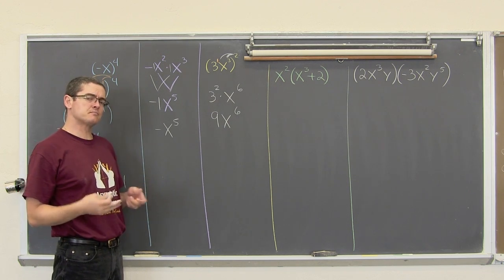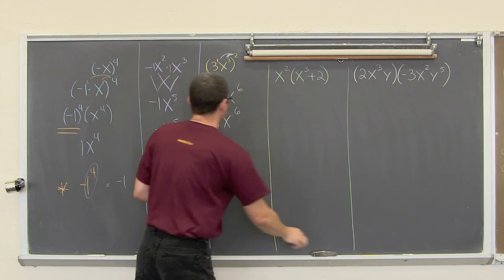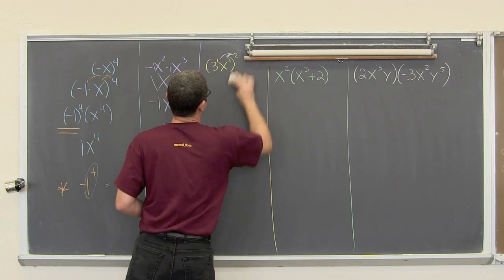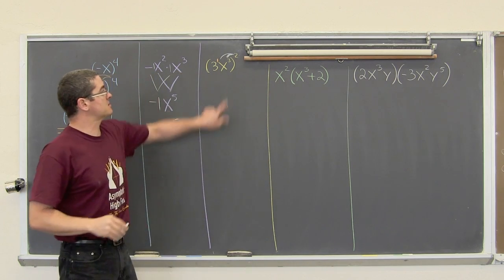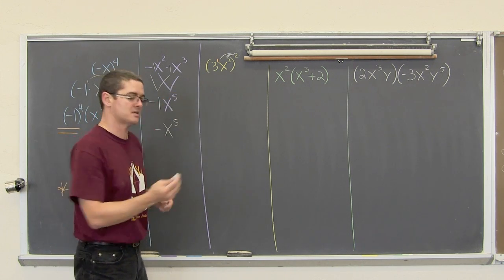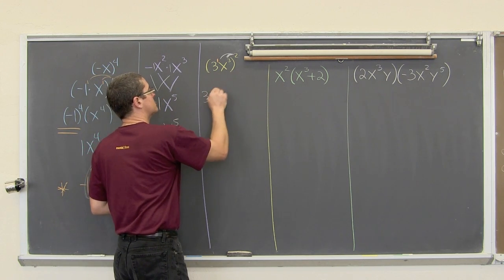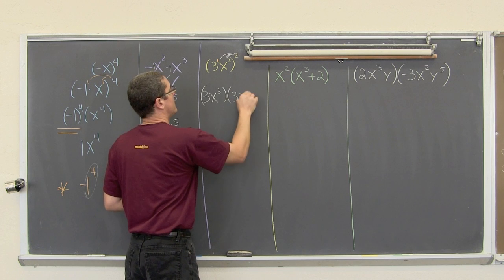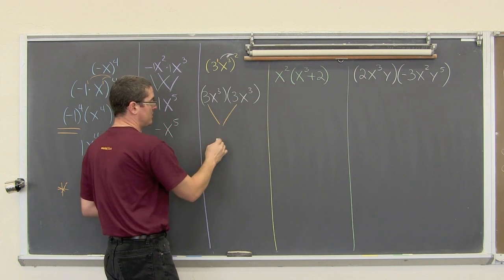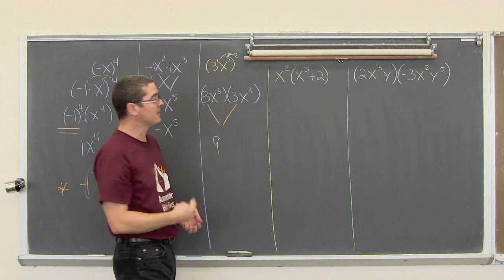If you didn't know this power property yet, you could, and this is the best way to do it, but if you didn't know the power property yet, you could say, well, it's 3x cubed raised to the 2nd power. So this whole base is showing up twice. So it's 3x cubed times 3x cubed, and your 3 times 3 is equal to 9, like we had before.